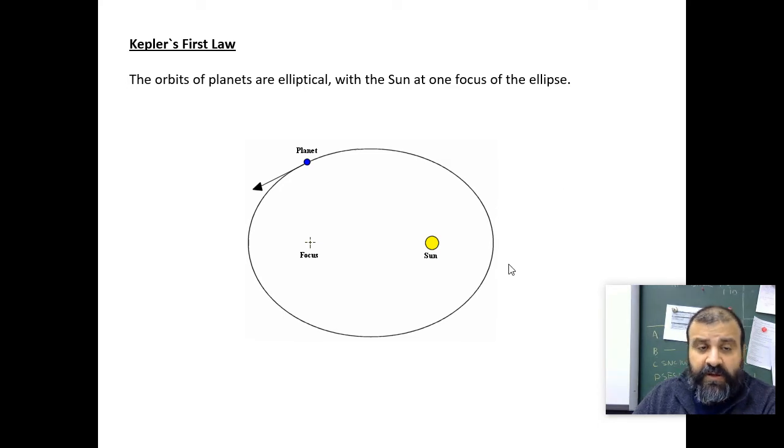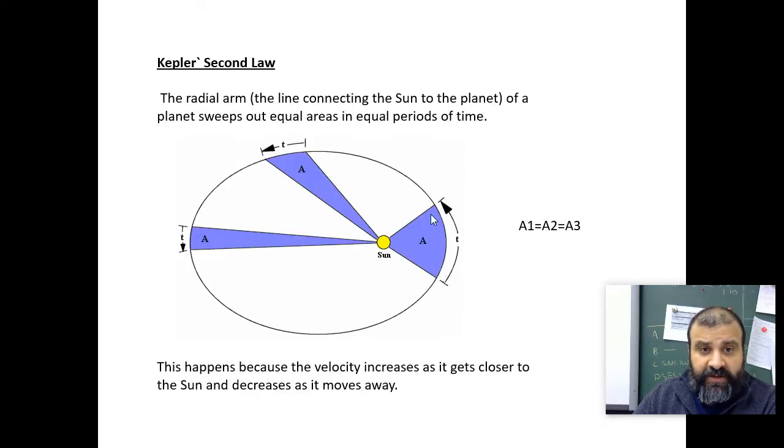I'm back now. Okay. The second law, Kepler's second law. In Kepler's second law, what they're referring to is the areas of these sweeps. Here, closer to the sun, the planet moves faster and it sweeps out a larger distance.